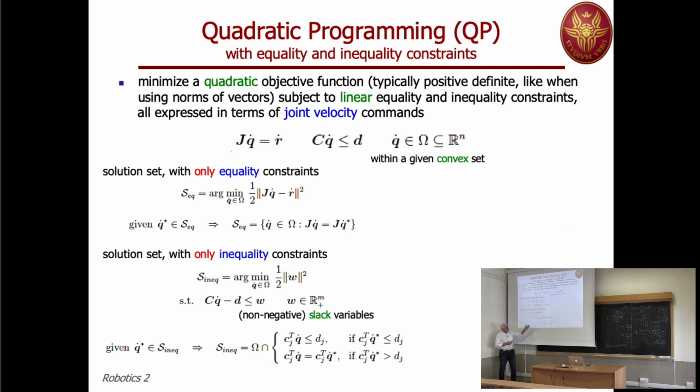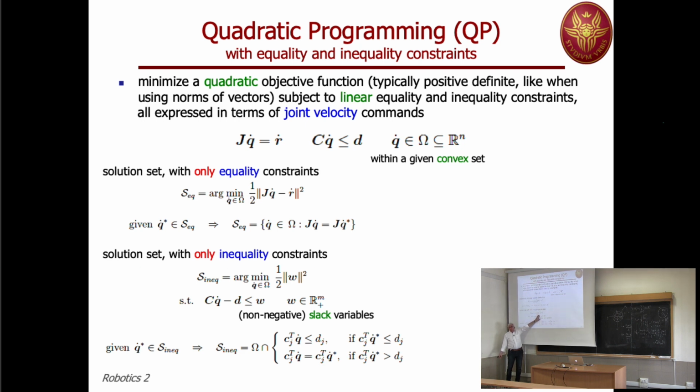We introduce so-called slack variables, so a set of non-negative variable of dimension m, as many slack variable as the number of inequality constraint, and we rewrite the constraint CQ dot less or equal than D in this form. Of course, if we would satisfy with the Q dot the constraint, this would be 0. So CQ dot minus D less or equal than 0 is exactly the original constraint.